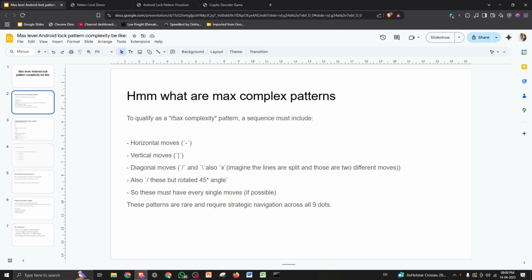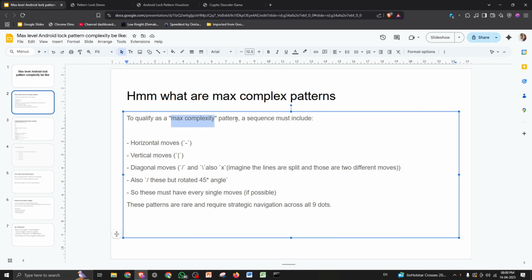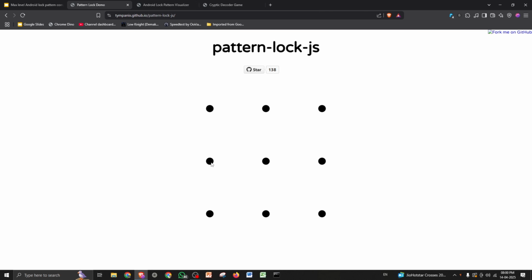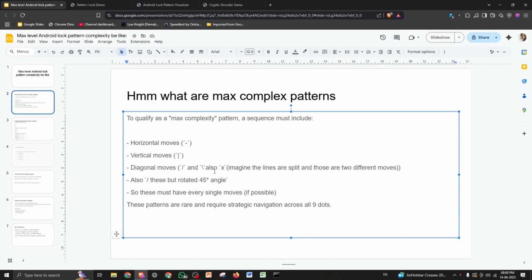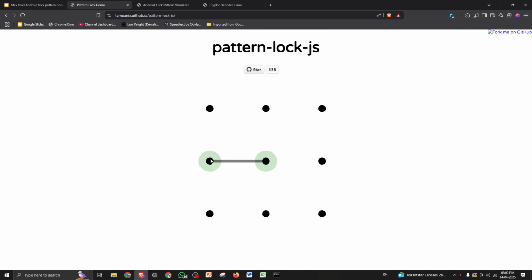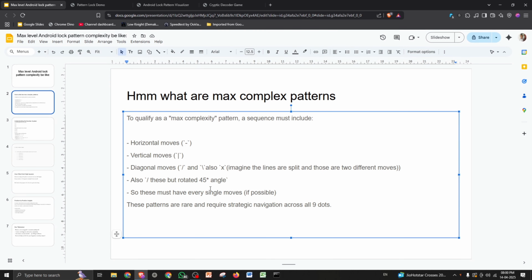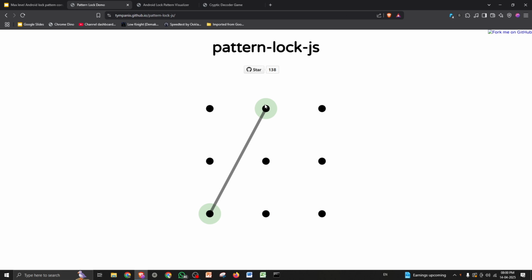A max complexity pattern, a sequence, must include horizontal moves like these, vertical moves like these or these, and diagonal moves, like the knight's movement in chess.